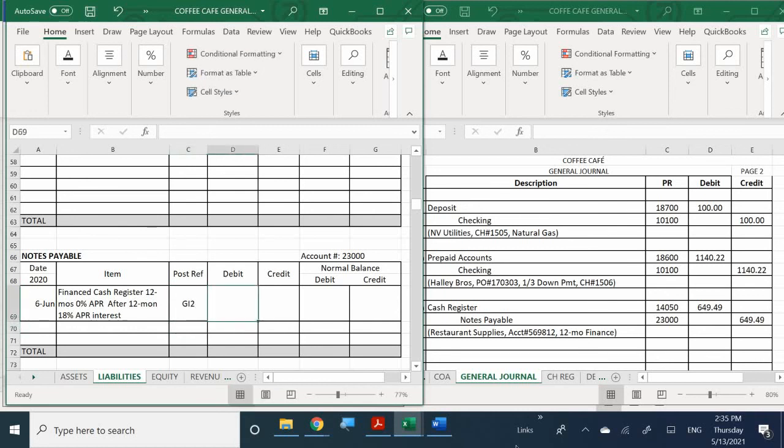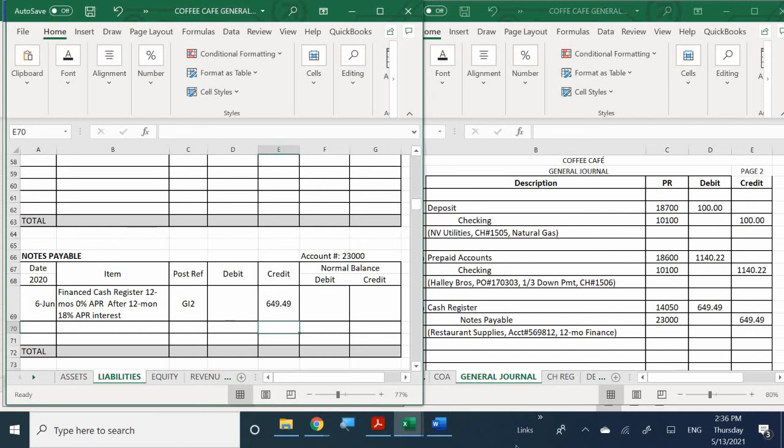Okay, and again, we need to make sure which column we belong to. We are increasing a liability, and how do we increase our liabilities? We increase them on the credit side. So here I'm going to make sure I'm on the right side now, no more on the left side, because the left side is where we were the majority of the time. This account is a liability, which is a credit type of account.